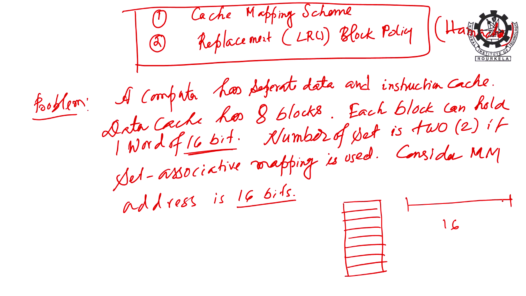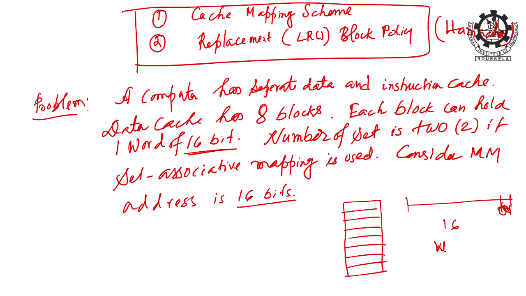So, what will be the size of the word field? If there are 2 words in a block, then you need to identify which word, so you need only 1 bit, either 0 or 1, but here you have only one word within a block. So, no need to spend any bits for identifying the word. So, the word field will be 0, okay.